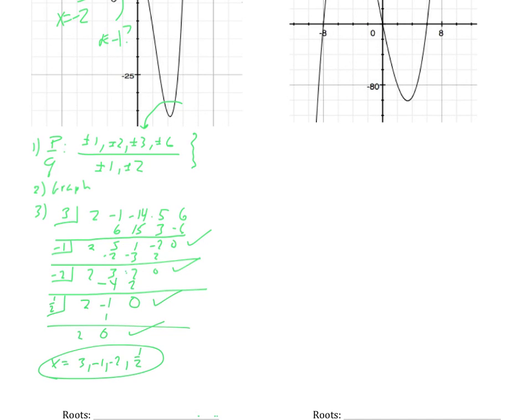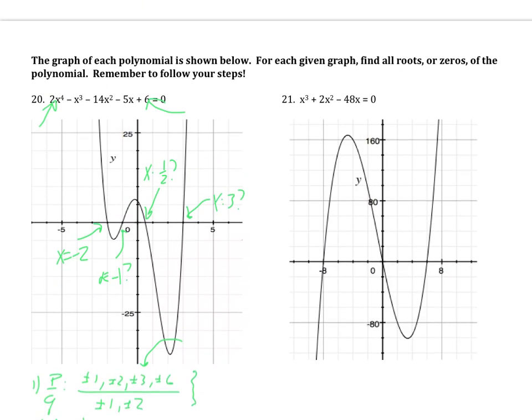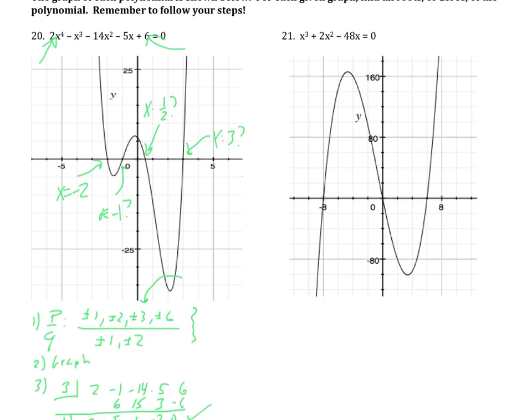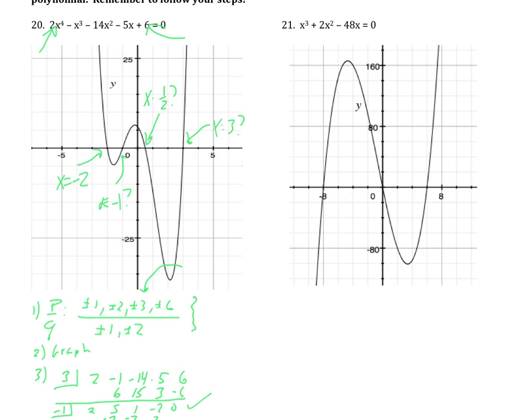Now, let's try using the same concept on the second equation. I'm going to list my P over Q's. In this case, my P value is a little tricky. See, it's going to be the constant term, which there isn't one.